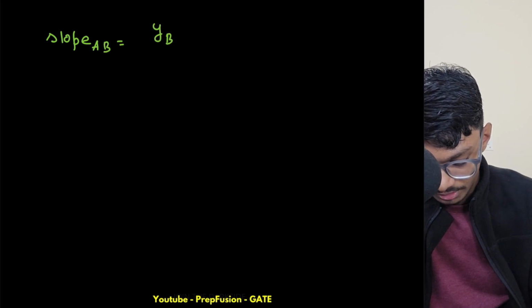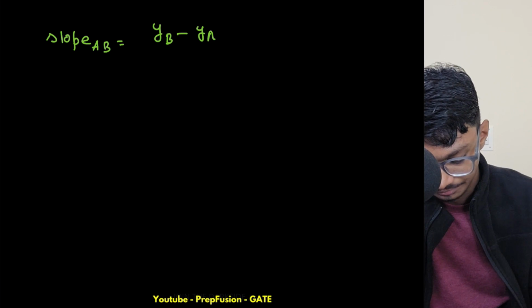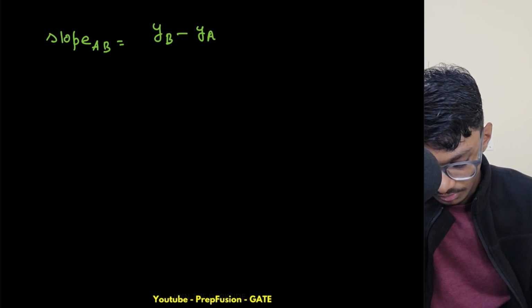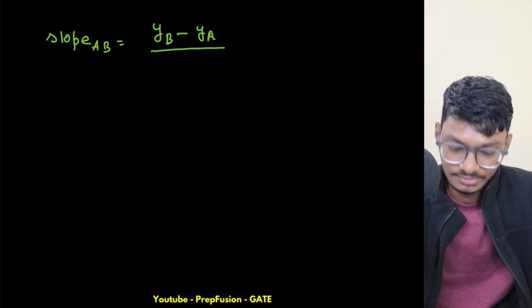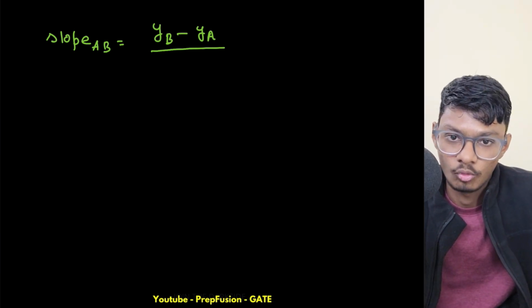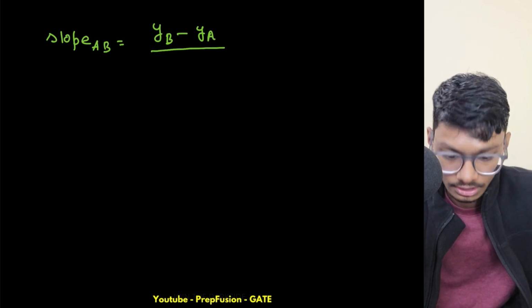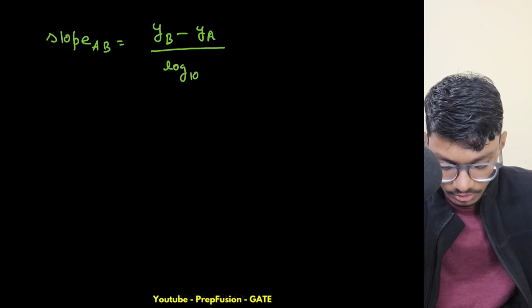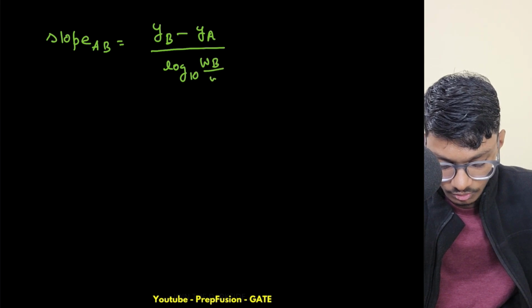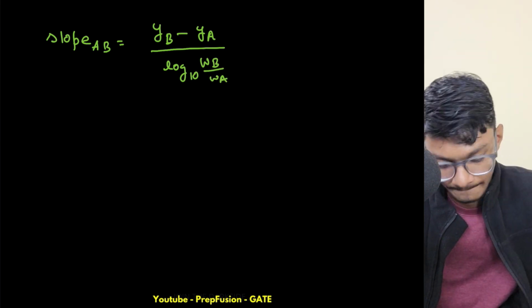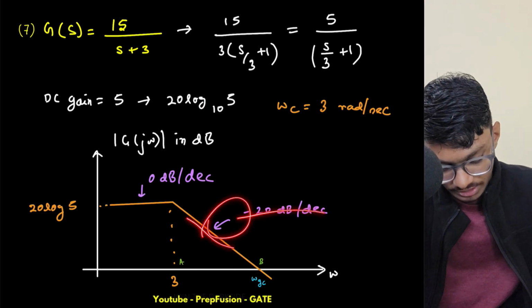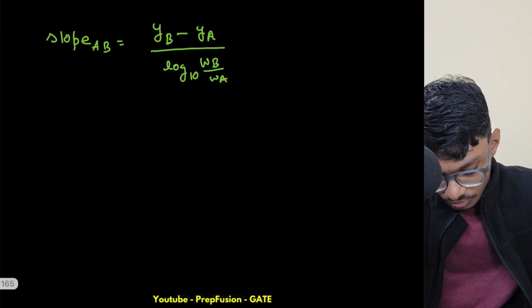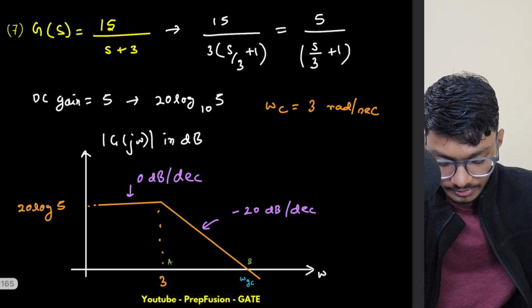Slope ab equals yb minus ya divided by xb minus xa, and x is log 10 of omega, so omega b minus omega a. It is basically log 10 of omega b by omega a, as they are in subtraction, they will come in division. So what is my slope ab? Slope ab is minus 20, constant.